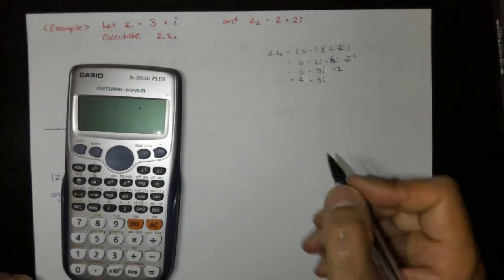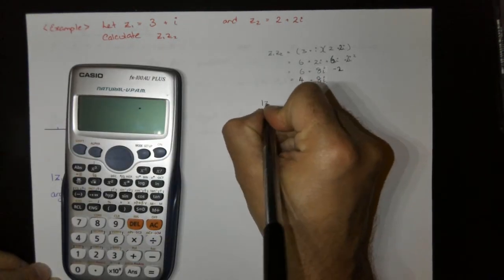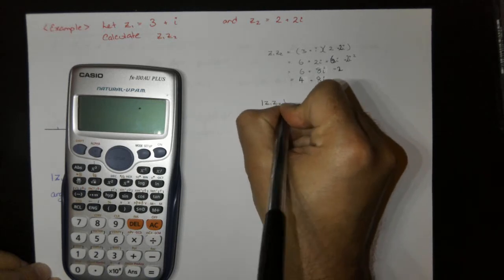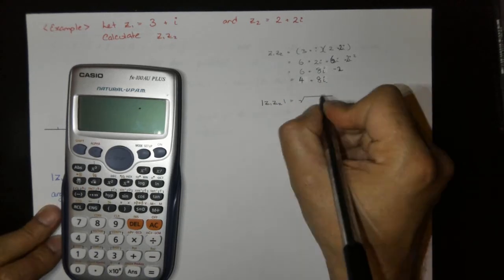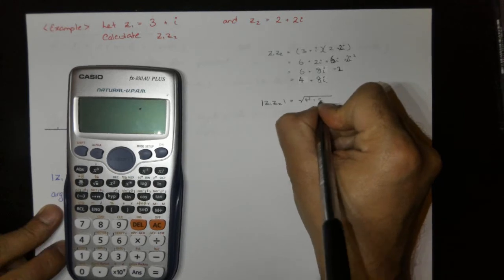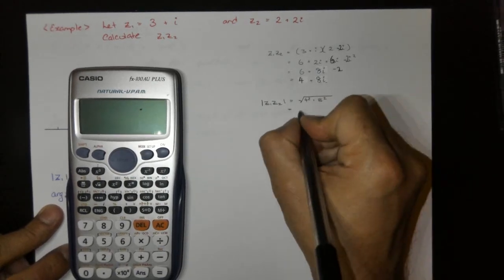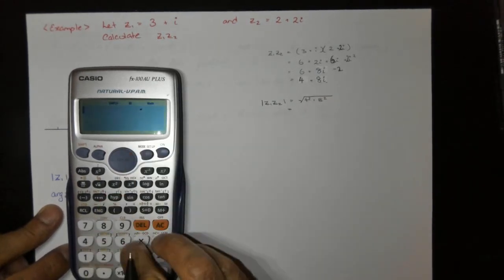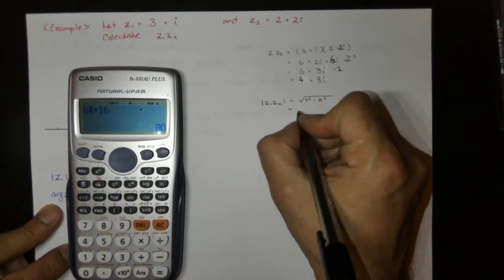So the modulus is obviously the square root of 4 squared plus 8 squared, 16 plus 64, so we get square root 80.